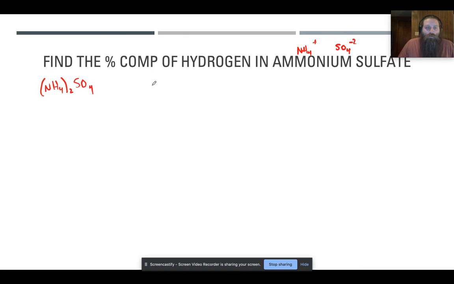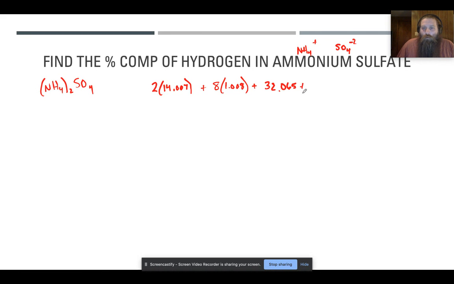So let's do that. So we have 2 nitrogens at 14.007 each. I just distributed the 2. Plus 8 hydrogens at 1.008 each. Plus 1 sulfur. And sulfur I'll have to look up because I don't know it. Let's find the periodic table here. 32.065. I'll just have one of them.